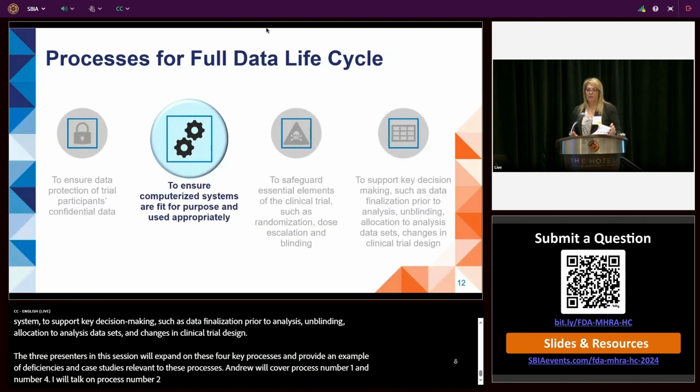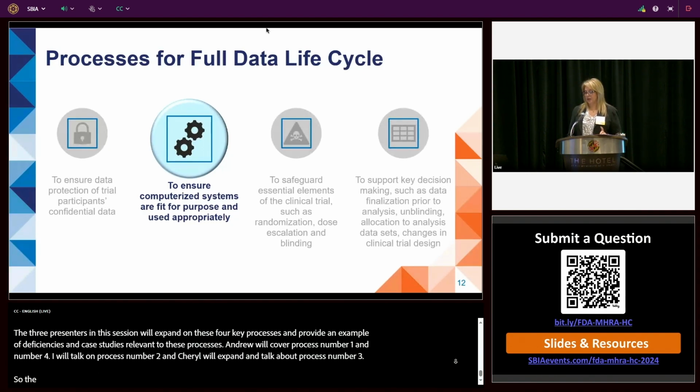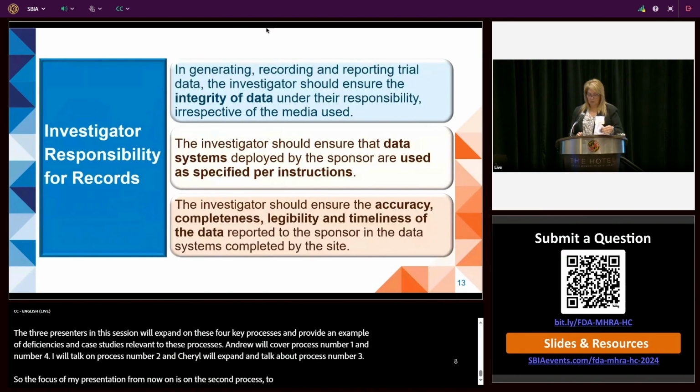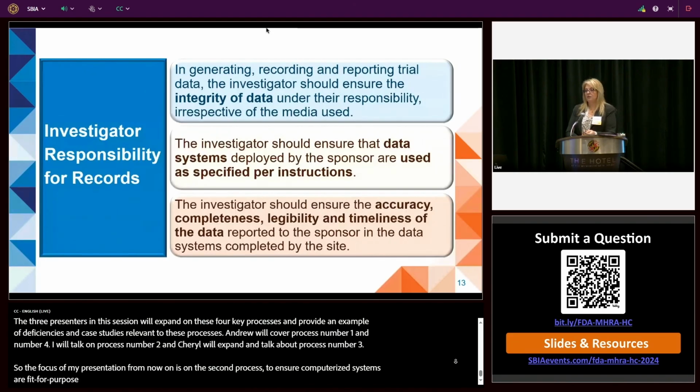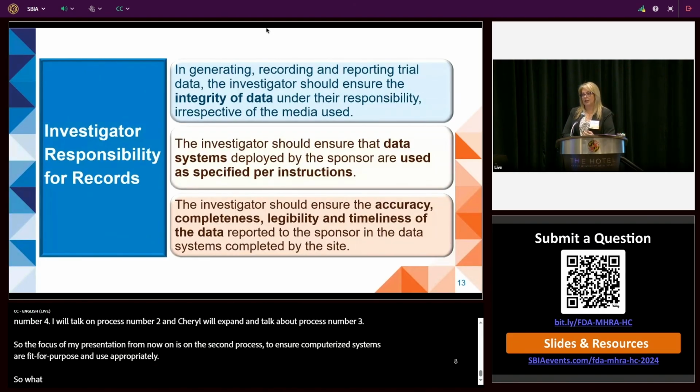So the focus of my presentation from now on is on the second process, to ensure computerized systems are fit for purpose and used appropriately. So what are some of the investigator responsibilities in terms of records that's identified in the new guideline R3?